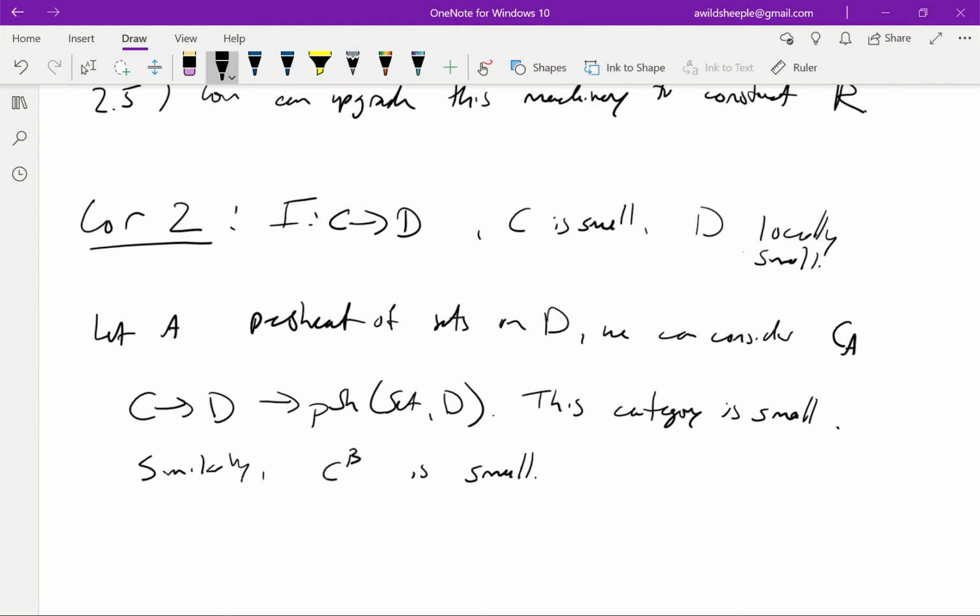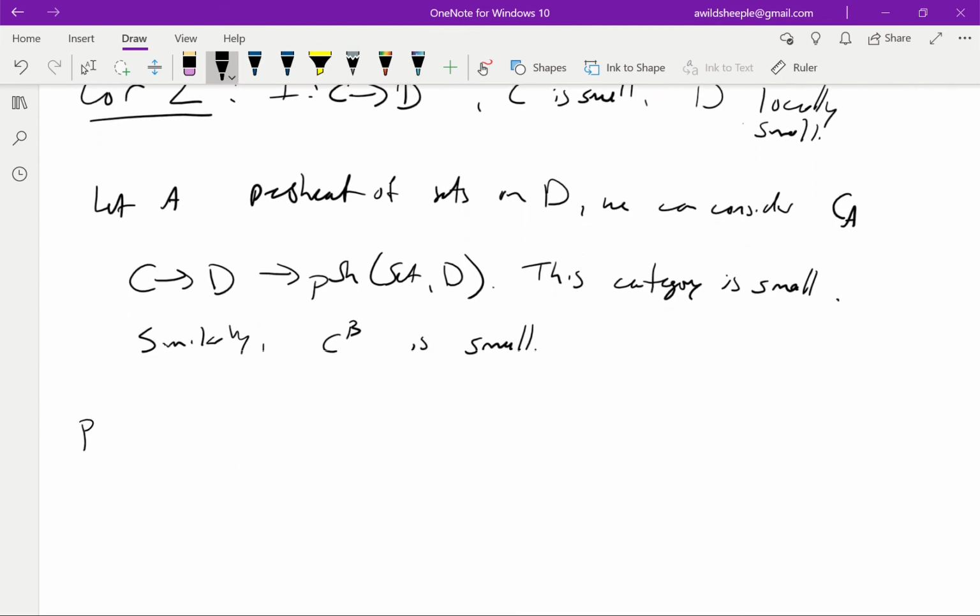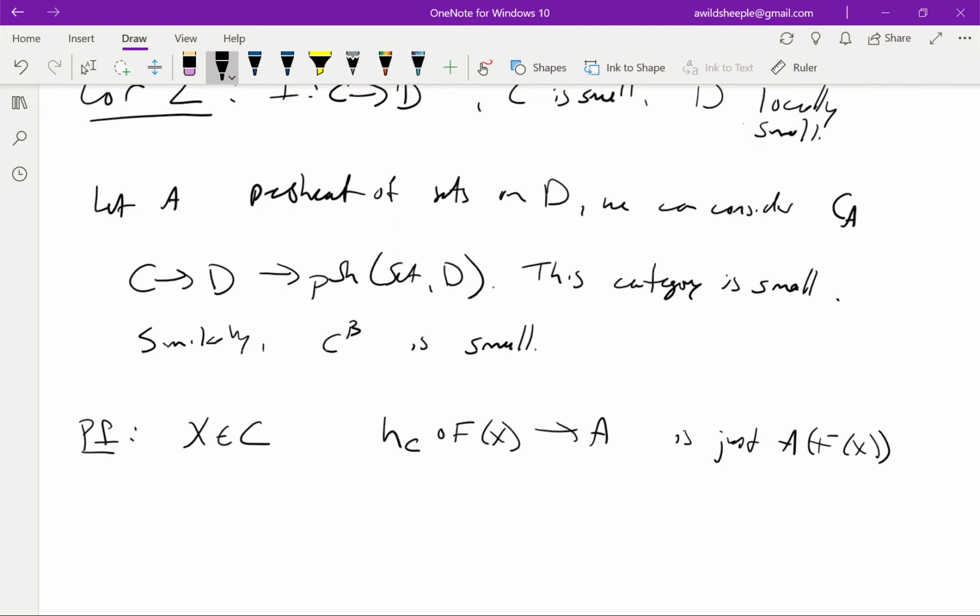Okay, so how does this work? This is a very easy proof, and you just use Yoneda. So Yoneda tells us that if we take an X in C, then we can look at the family of morphisms given by Hom of C composing with f of x to A, and this is just A of f of x. Nothing really going on here.